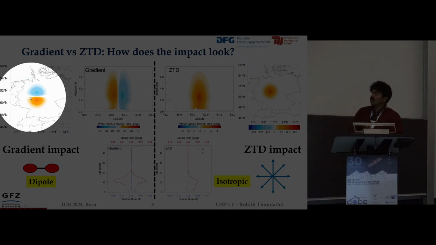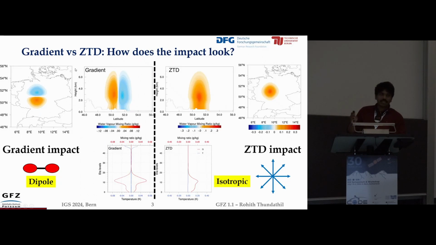This is how we detect the gradient observation impact in a model. On the left-hand side, you can see the gradient observation impact, and on the right is the Zenith Total Delay. The main difference in this observation type is that, as I said, it's a vector quantity. It has a dry and a moist side.